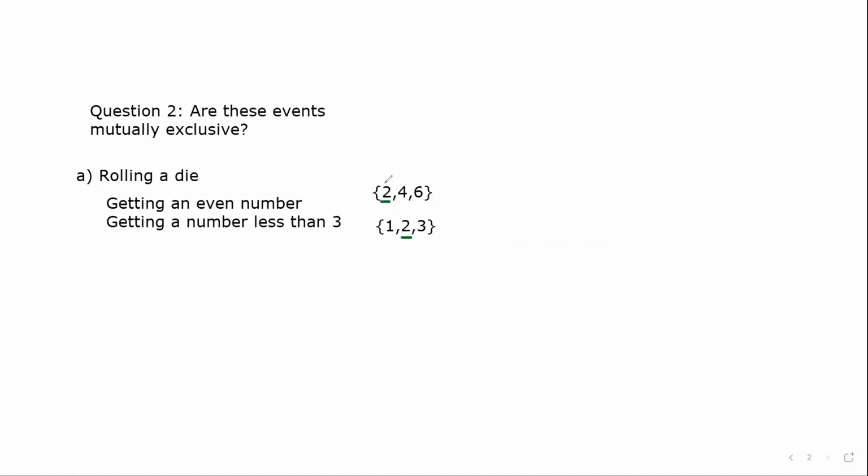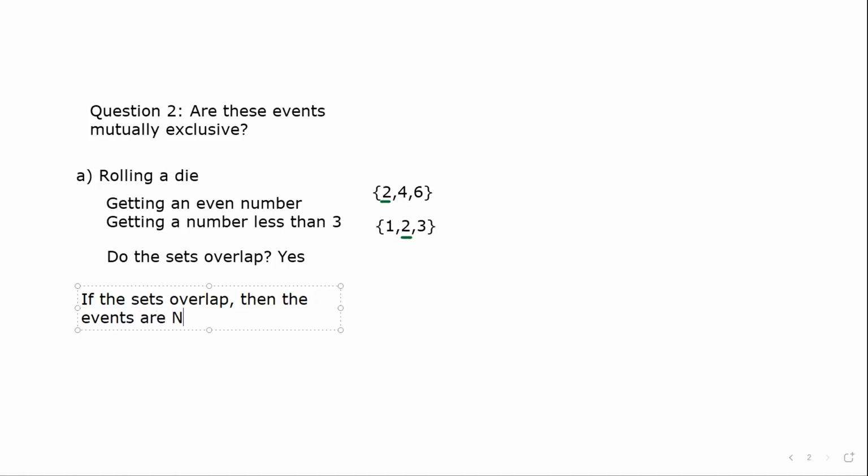So the question is, do the sets overlap? In other words, do they have common elements? They do. They overlap at 2. Now, if the sets overlap, then the events are not mutually exclusive.